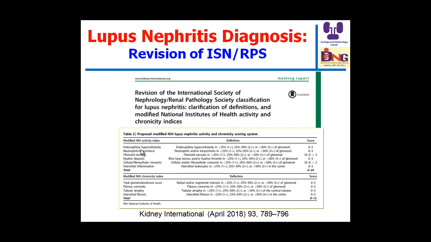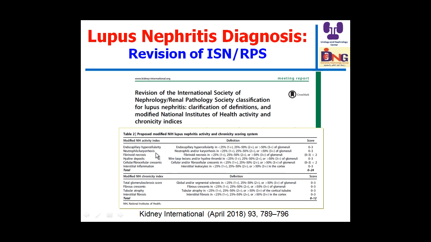It was used as endocapillary proliferation, but it may not be proliferation, and may be just a representation of cellular infiltration. So endocapillary hypercellularity replaces endocapillary proliferation, and the score is 0 to 3.